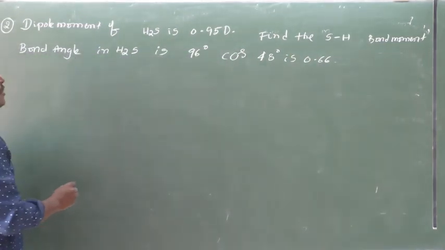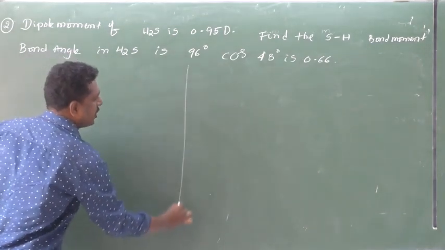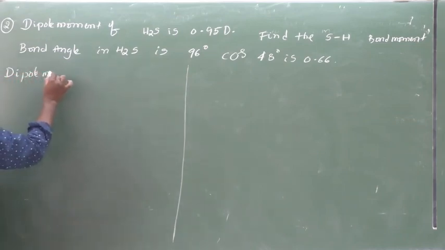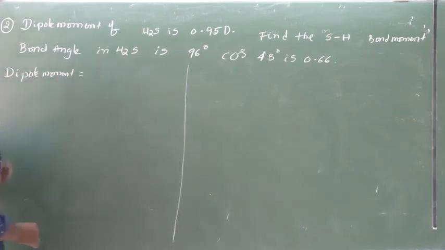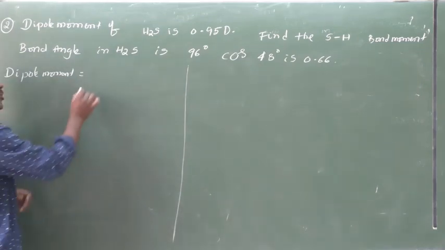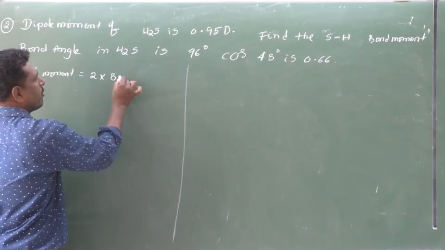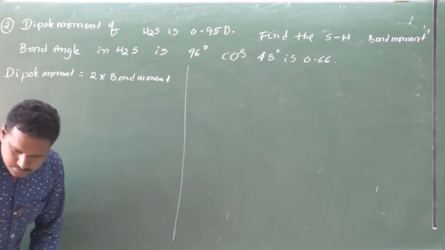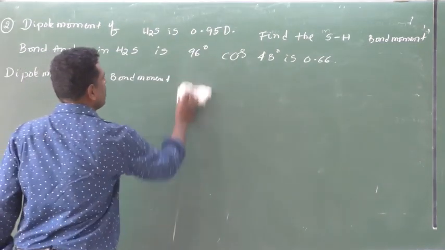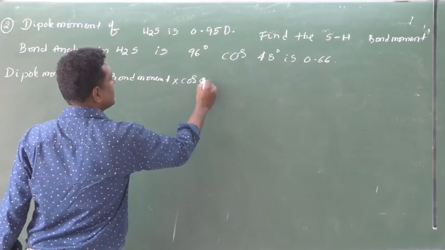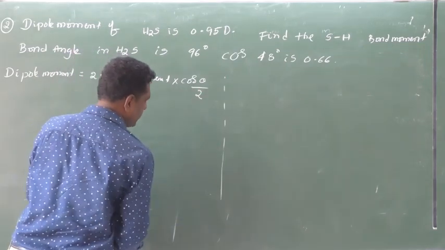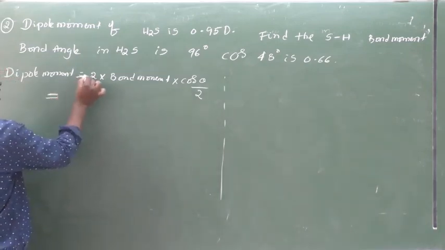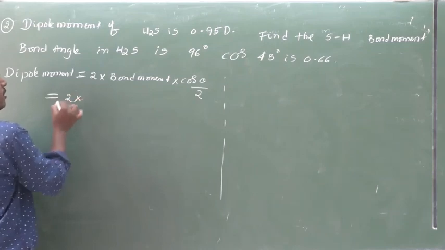So we know the formula: dipole moment equal to 2 into bond moment into cos theta by 2. Here the bond moment is the SH bond moment.